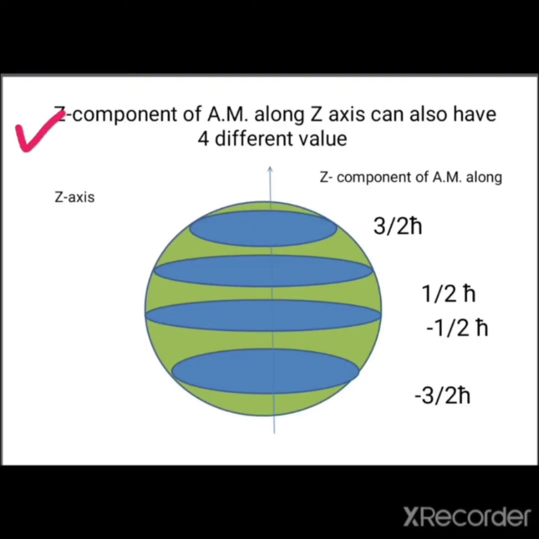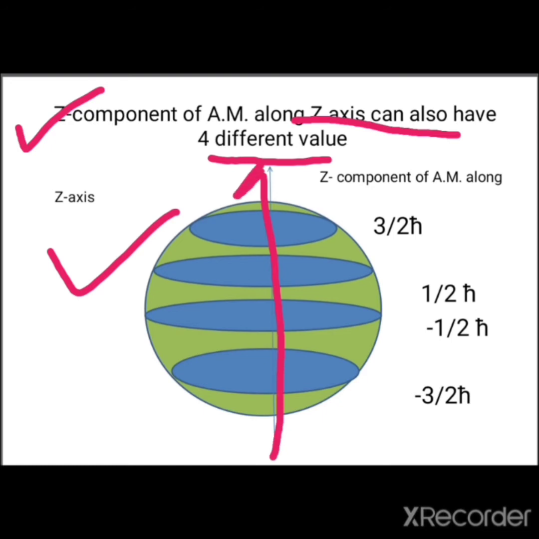So the z component of angular momentum along the z axis can also have 4 different values. The way this kind of motion is represented in 3D space is given by this diagram. Here you can see the z component of angular momentum along the z direction.